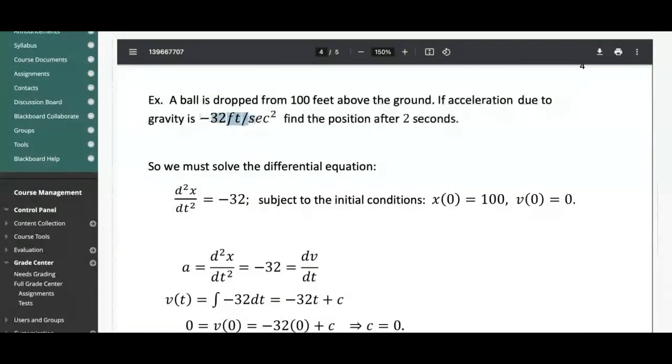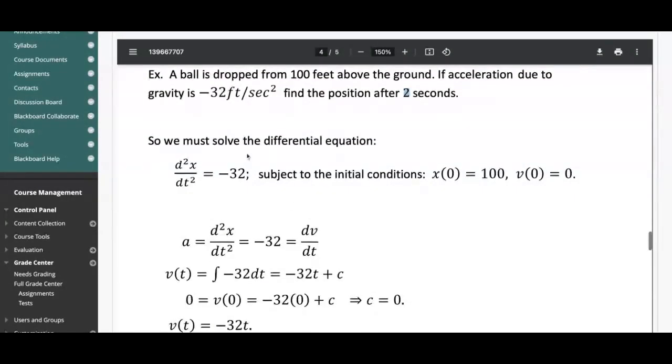We're given acceleration, and we know the height is 100 feet above the ground, and we want to find the position after 2 seconds. So we want to find x of 2. We need to solve the differential equation d squared x/dt squared equals negative 32.